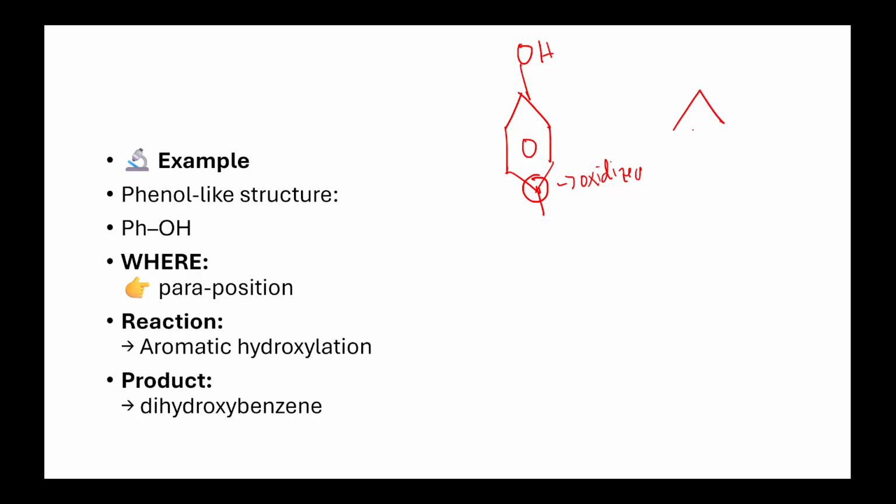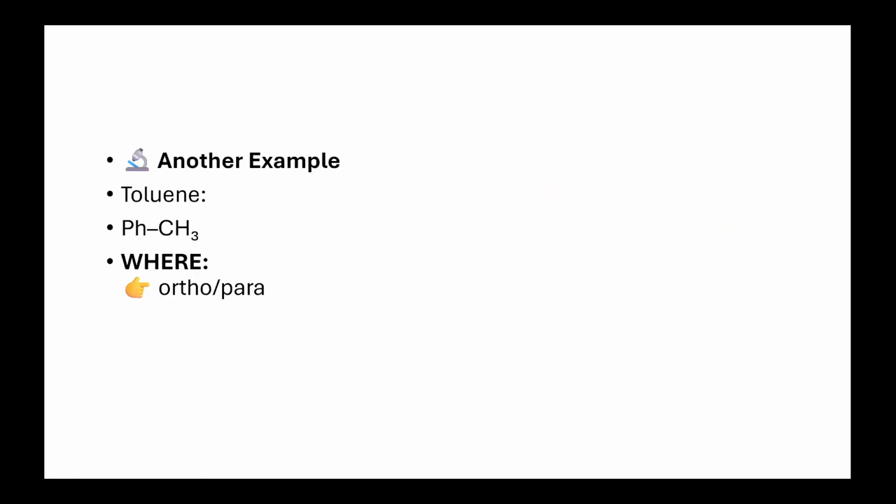And what would happen is you would have a dihydroxybenzene system. Another example is toluene. So it could attack at the ortho or the para. Ortho, meta, para. So it could attack here or attack here.